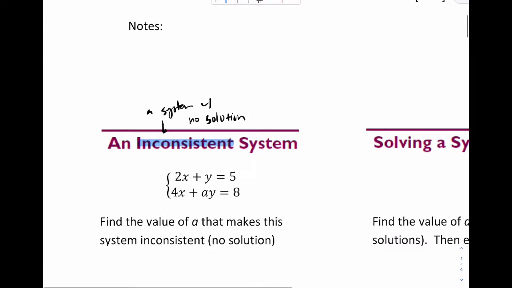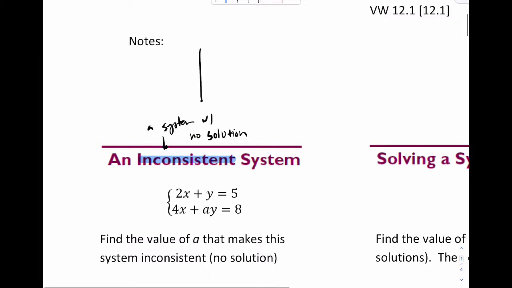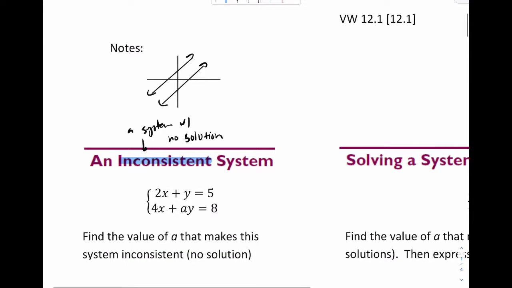You might recall from Algebra 1, a system with no solution graphically means you have two lines and they don't intersect. So something like this. Think of it as the lines are parallel.